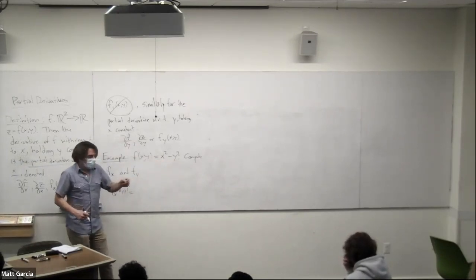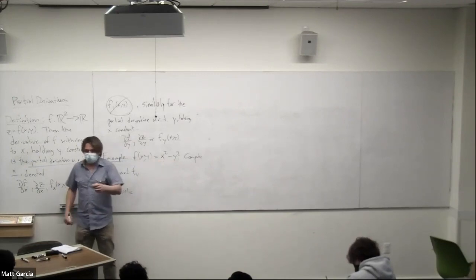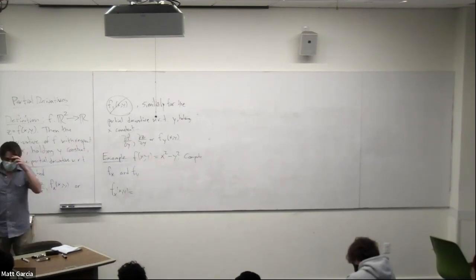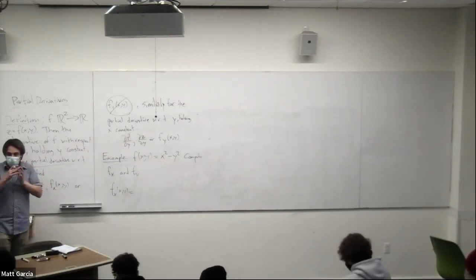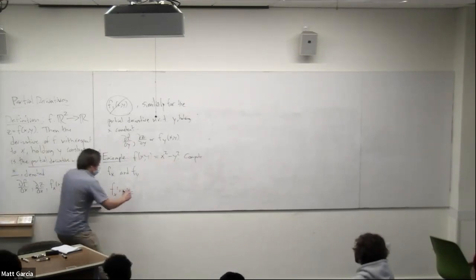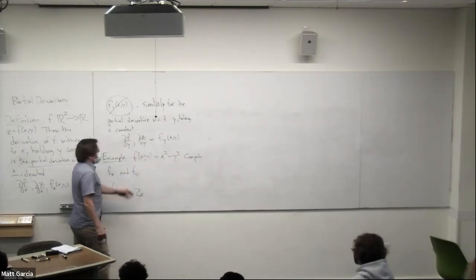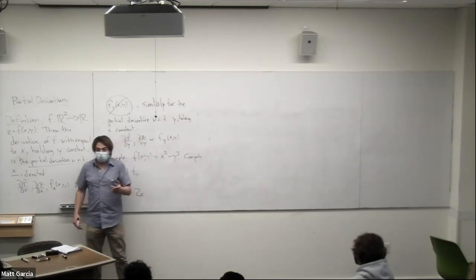Right? So what is the derivative of x squared with respect to x? Yeah, just 2x. Now, what is the derivative of negative y squared with respect to x?